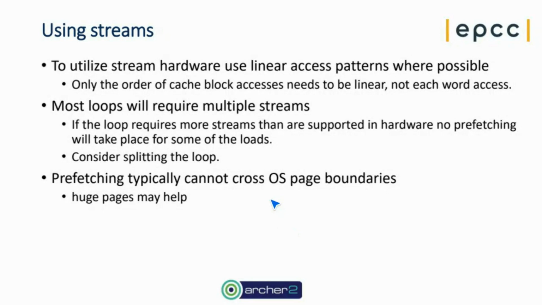Okay, so this means that linear access patterns are doubly good, in the sense that not only are you going to get good spatial locality, but you also get your cache lines loaded in advance.